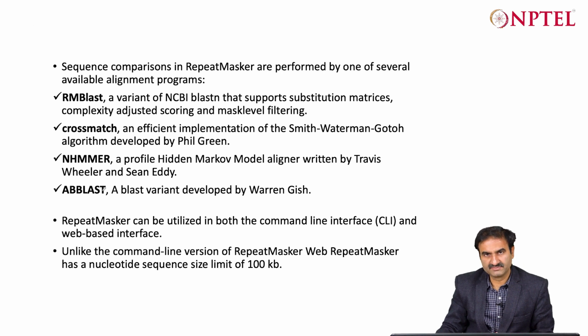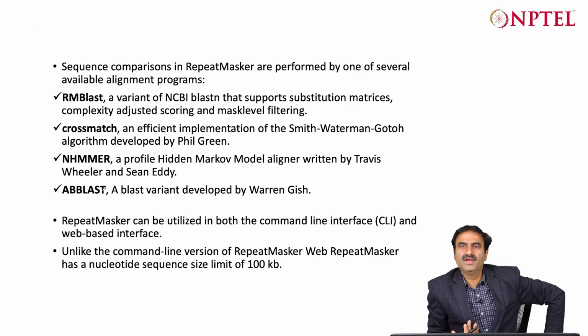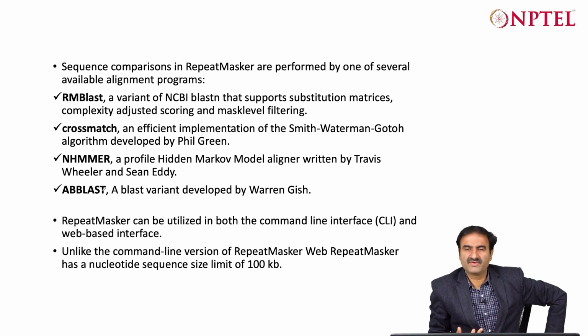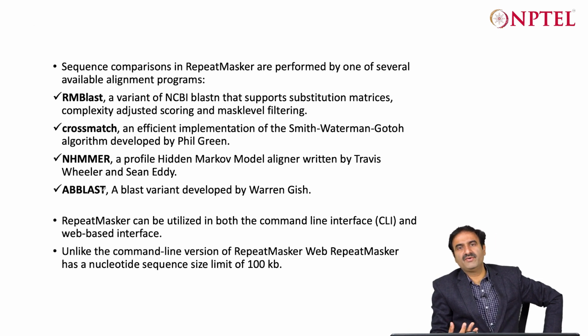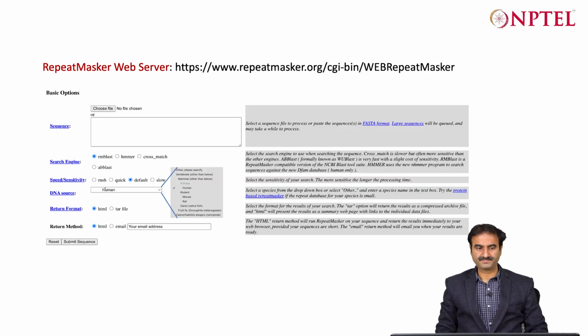It can be used in both command line mode or GUI mode, right? GUI mode has some limitations, you cannot upload more than, I think, 100 KB, but in command line you can have the library and the software installed in the system and run larger genomes also. Otherwise in the GUI or web based version, when you submit a query you have some limitations.